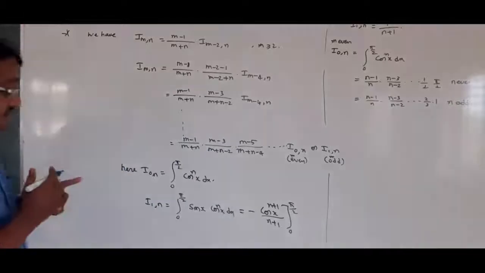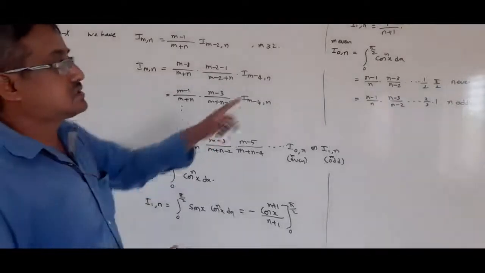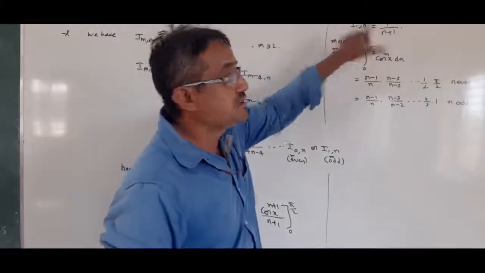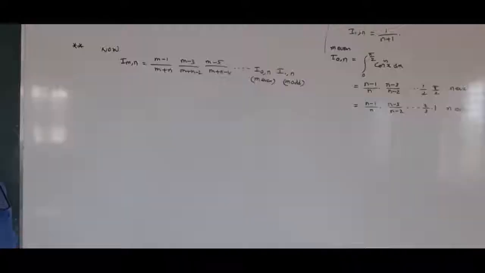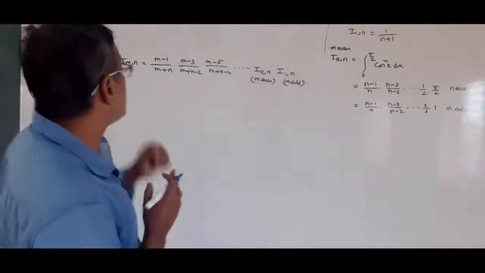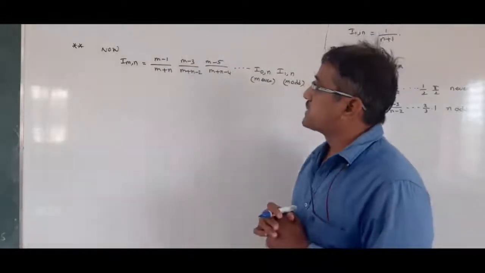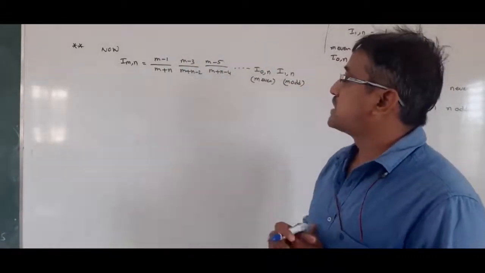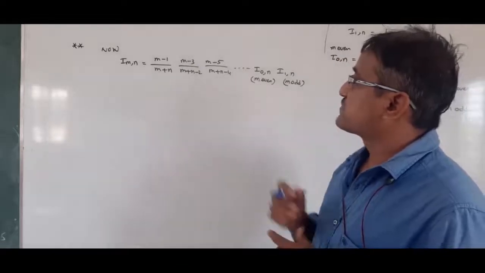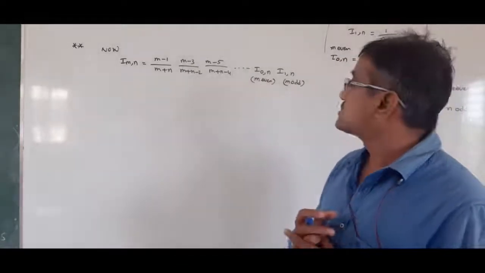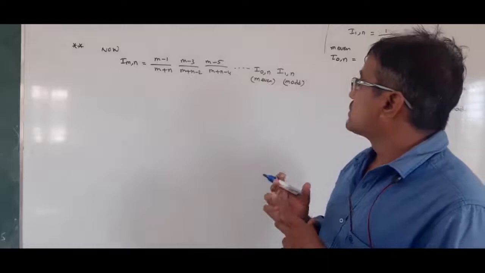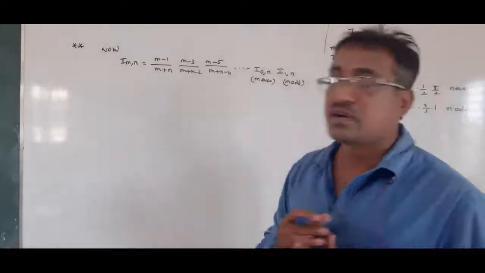When m is odd, the final result will be 1 by n+1. Now you have I(m,n) equal to (m-1)/(m+n), (m-3)/(m+n-2), (m-5)/(m+n-4) and so on, I(0,n), I(1,n).